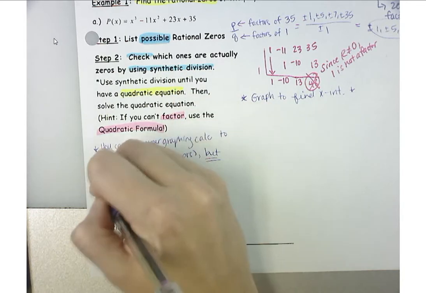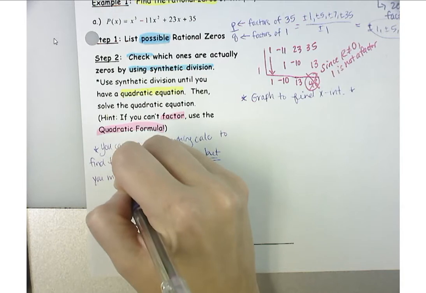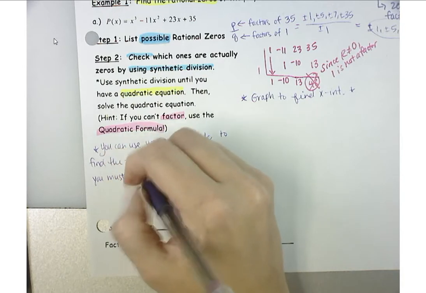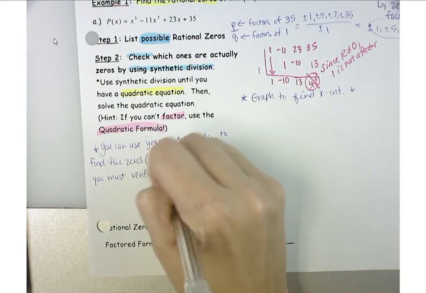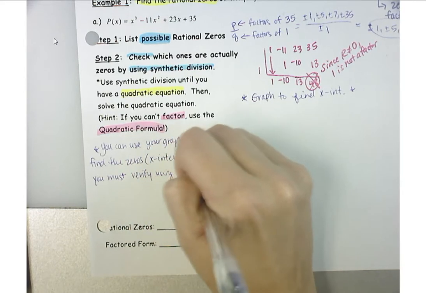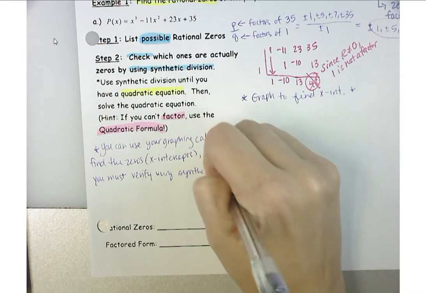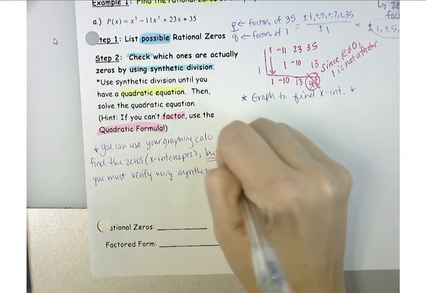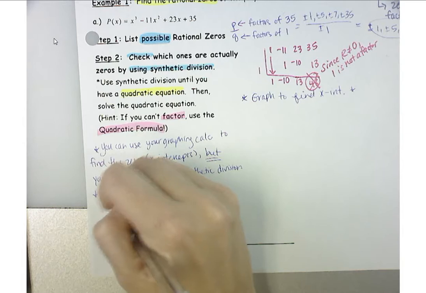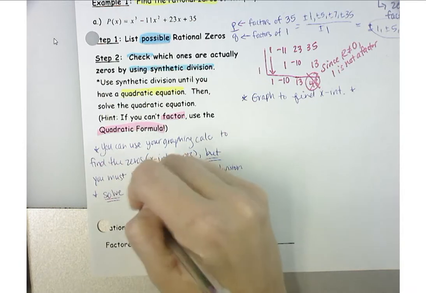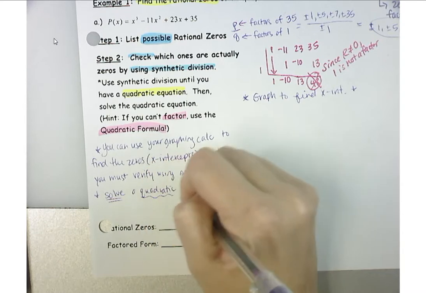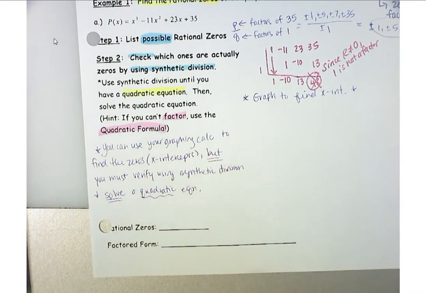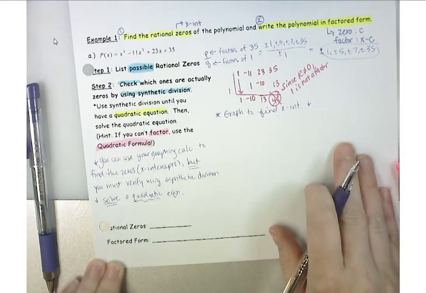But you must verify using synthetic division and you must solve a quadratic equation. Okay, so you don't have to use the quadratic formula, but at the very least you need to write out what your quadratic is and solve it.